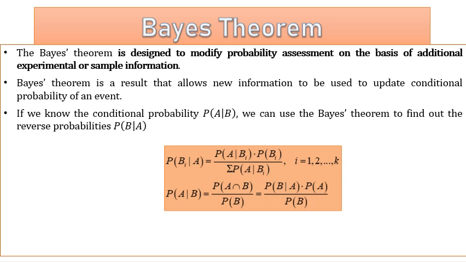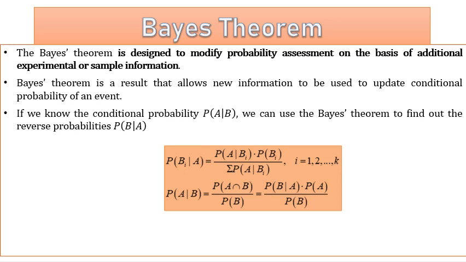Bayes' theorem is a result that allows new information to be used to update the conditional probability of an event. If we know the conditional probability P(A given B), we can use Bayes' theorem to find the reverse probability, P(B given A).